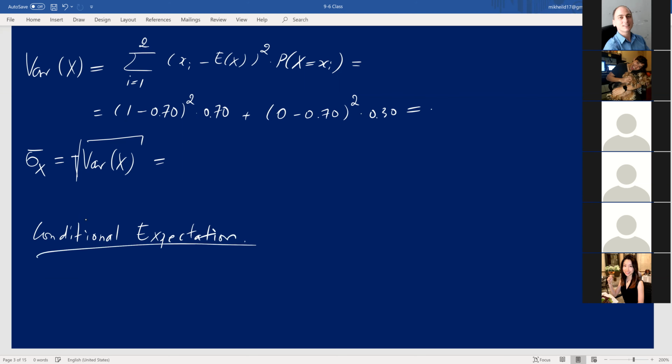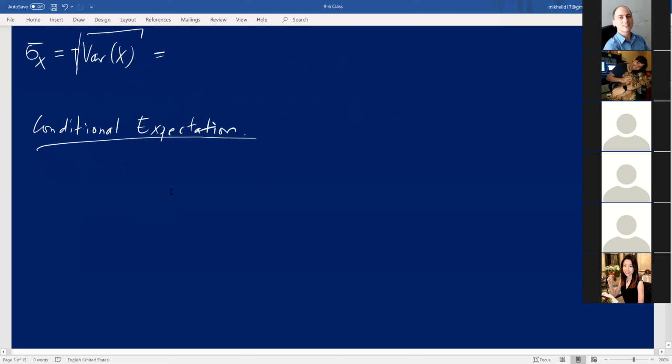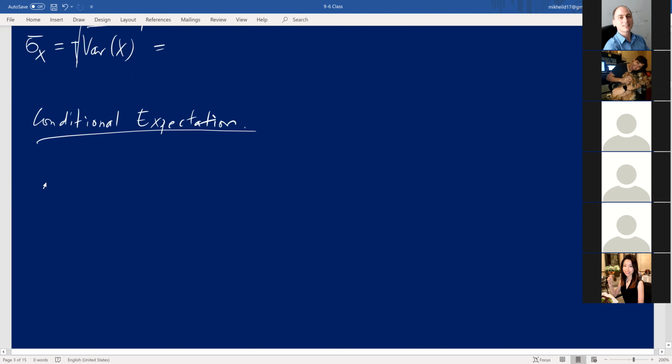So the expression is the following. We are interested in the expectation of X conditional that Y equals, let's say, yi, or maybe you want yj, it does not really matter.